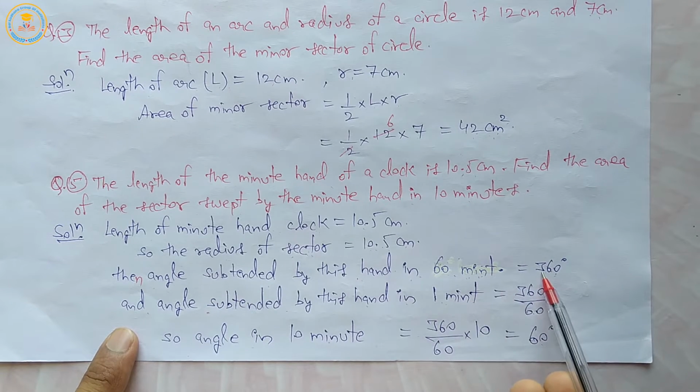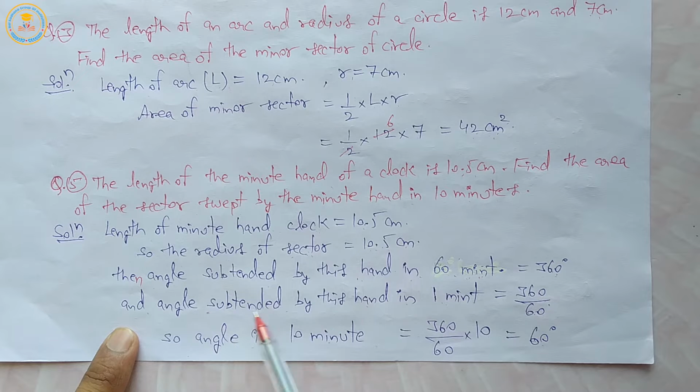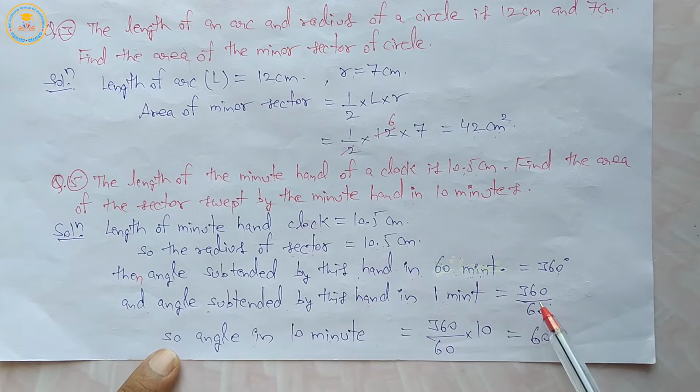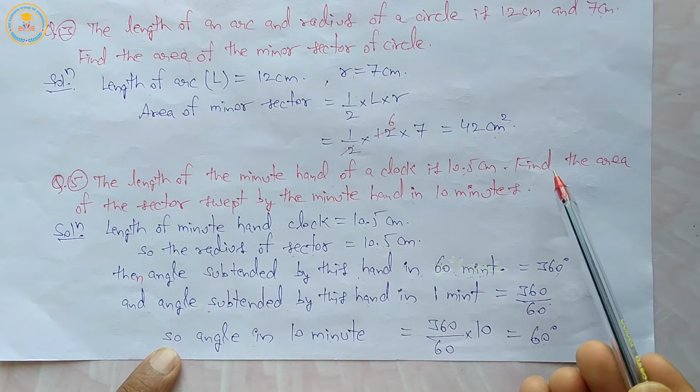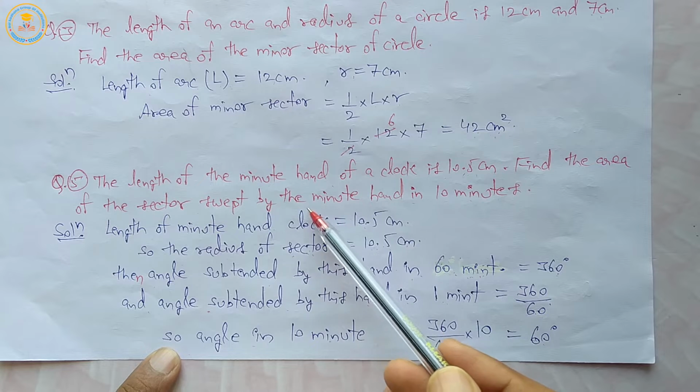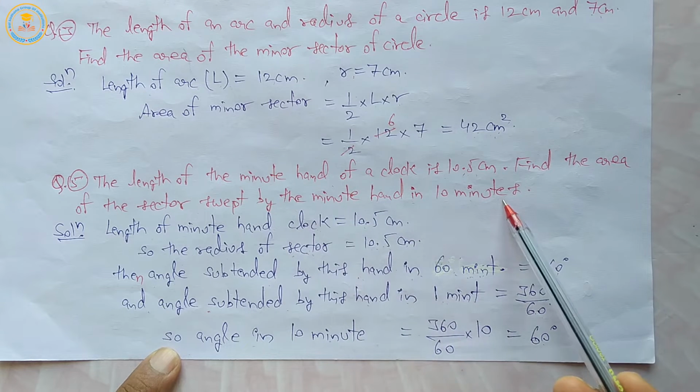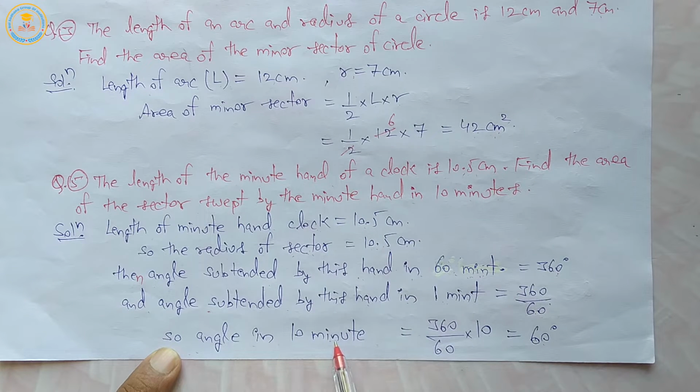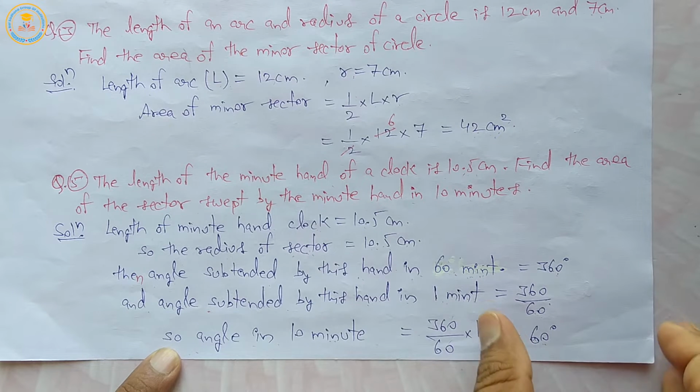According to that condition, angle subtended by this end in 1 minute: in 60 minutes 360 degree, in 1 minute 360 divided by 60. And according to the given question condition, angle in 10 minutes: multiply by 10, cancel out, it means angle is 60 degree. We get angle 60 degree.